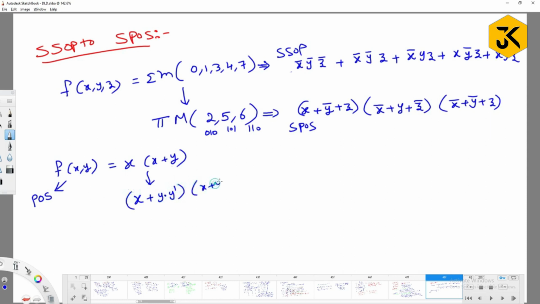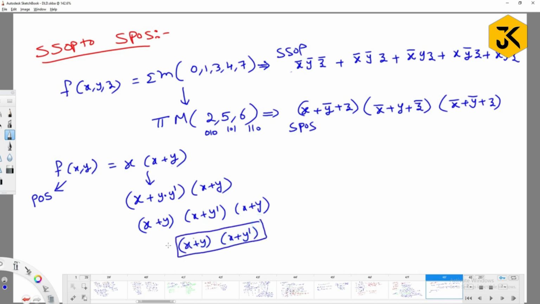No. X plus y. Now I can make it distributive: x plus y into x plus y complement into x plus y, right? X into x is x only. So x plus y into x plus y complement. Now, is it standard product of sums? Yes, it is standard product of sums.